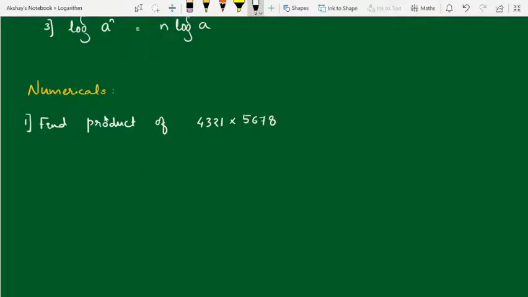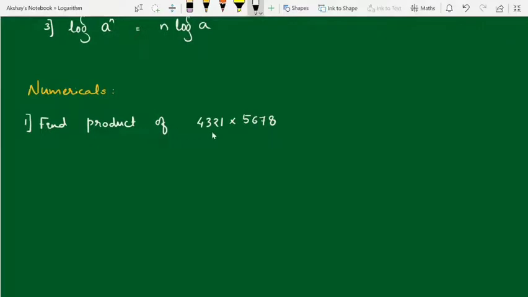Okay, listen, I had told you how to calculate characteristic and how to write mantissa. With the help of this problem, I will tell you how to calculate anti-logarithm. So what is the procedure?